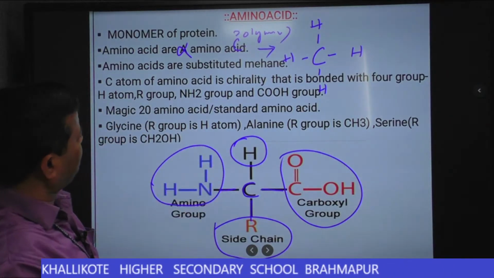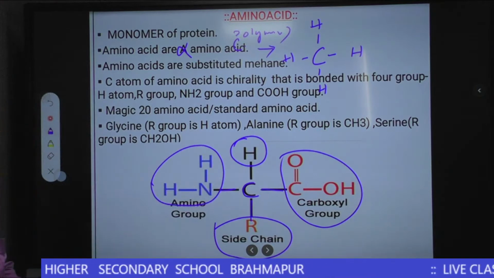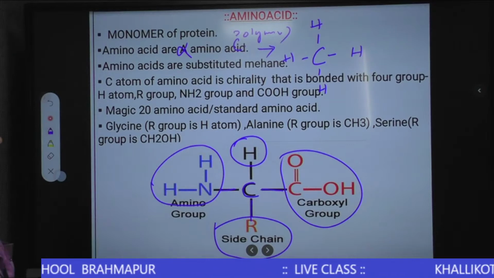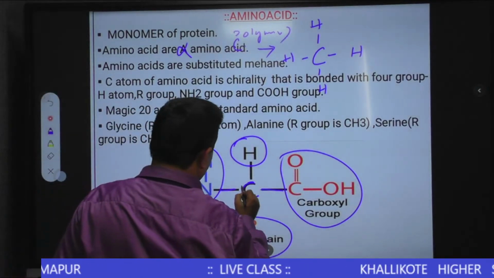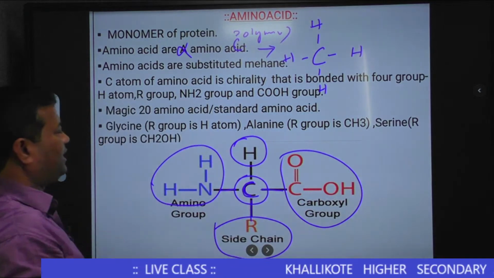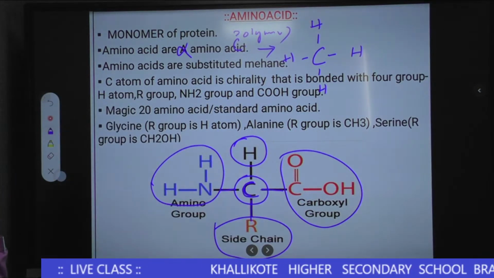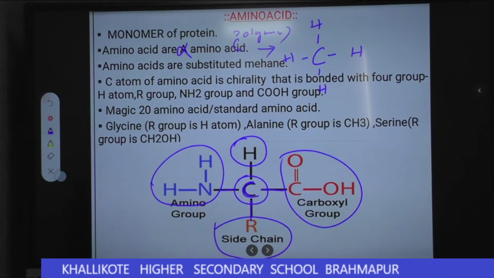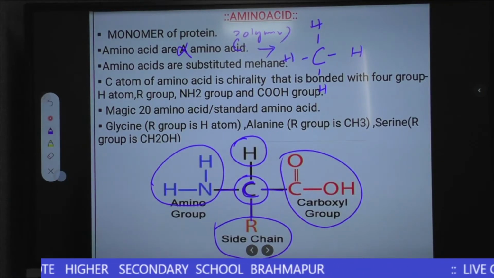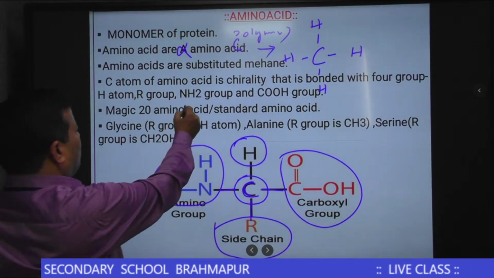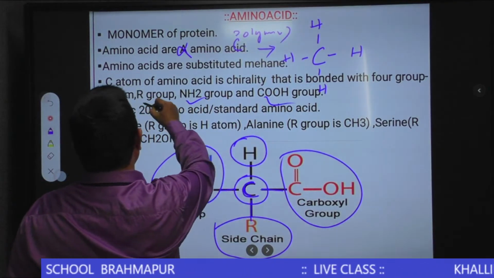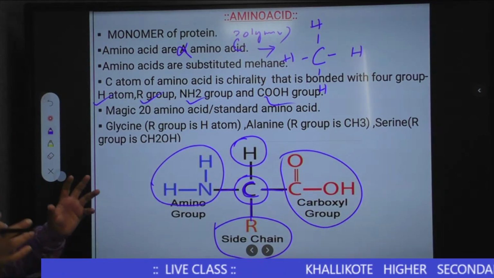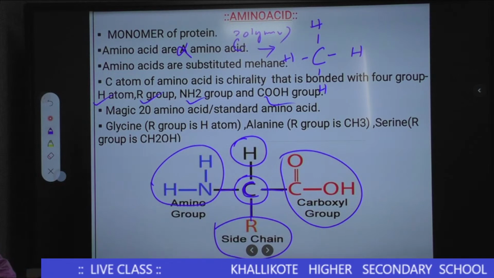This carbon atom of the amino acid is a chiral carbon because it is bonded with four different groups: amino group, carboxyl group, alkyl group, and hydrogen atom. So amino acids also show chirality.